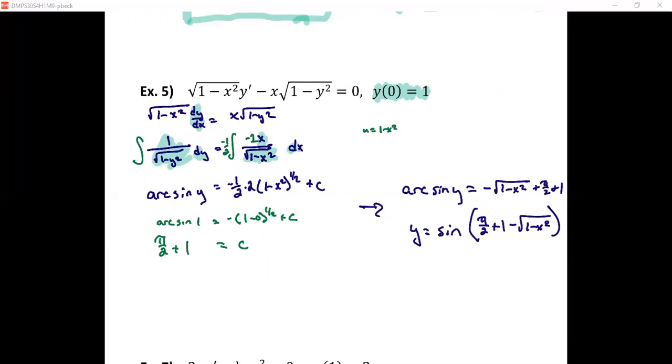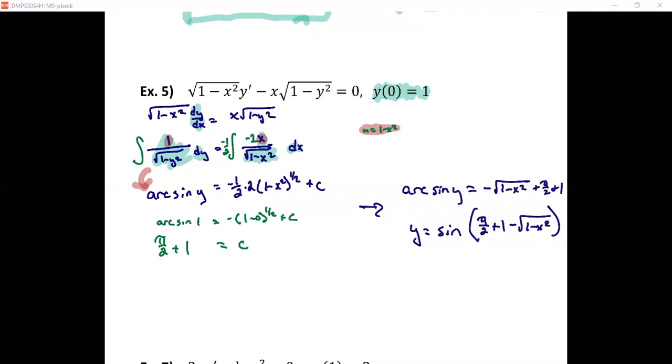So even though both of these look really similar to each other, we do have a big key distinction between the two. On the left side, we have a 1 over that square root. On the right side, we have an x over the square root. That means on the left side, we want the arcsine approach, whereas on the right side, we want to use the u substitution, where u is 1 minus x squared, and that's where the du, well, I guess I did have that written already in green right here.